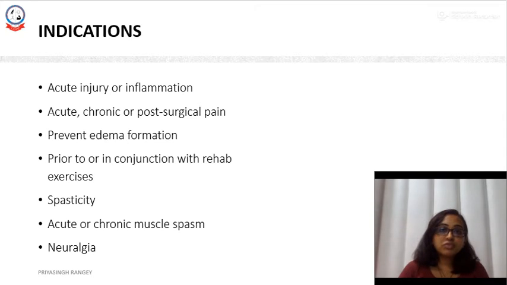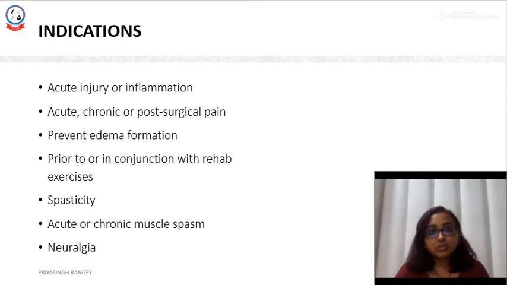It can also be used for cardiovascular patients before giving them cardiopulmonary rehabilitation, before they start exercising, so that it increases the muscle function. It is also helpful in relieving pain and inflammation, and hence it can help in improving the range of motion and the performance of the muscles during any kind of exercise.